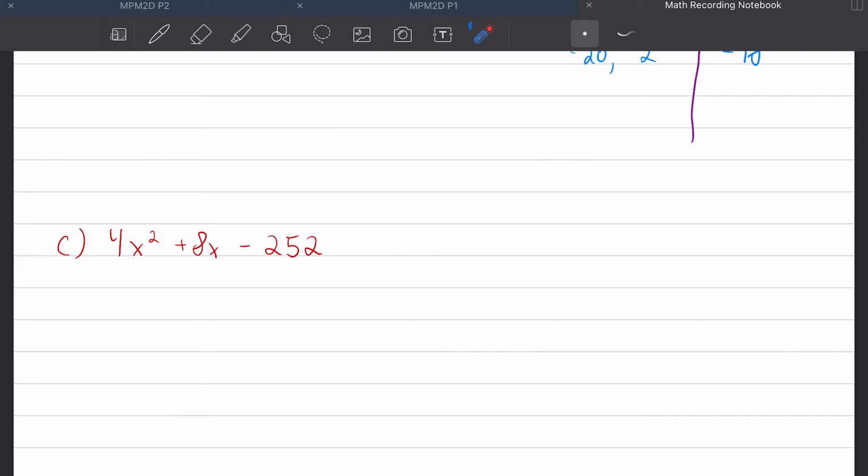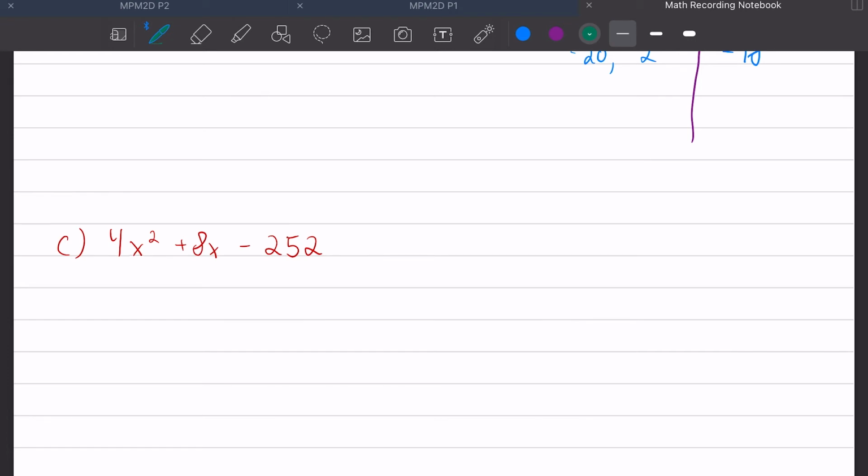So when we have an a that is not equal to 1, we need to start by removing that number from the rest of the equation. How we do that is by taking out the greatest common factor, which is basically common factoring.